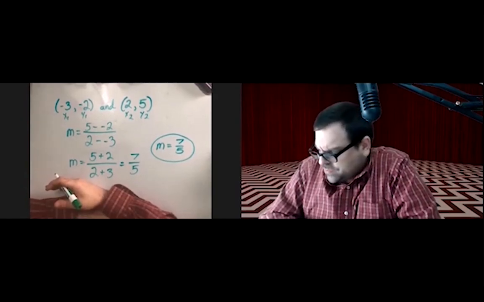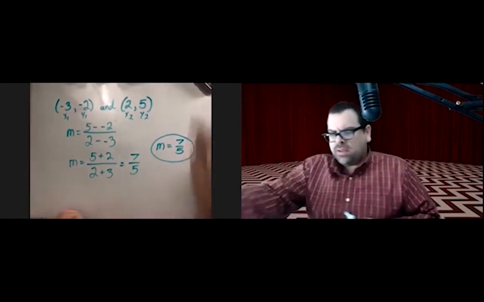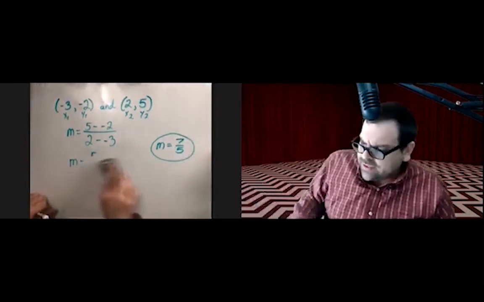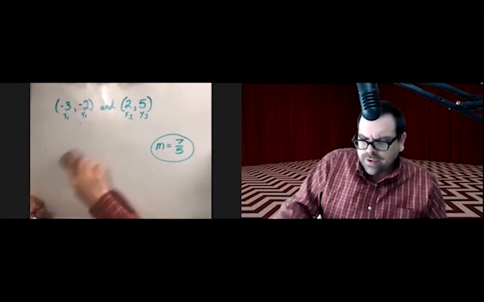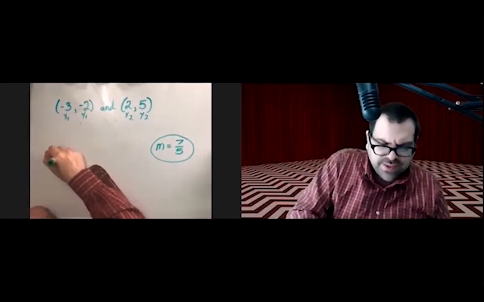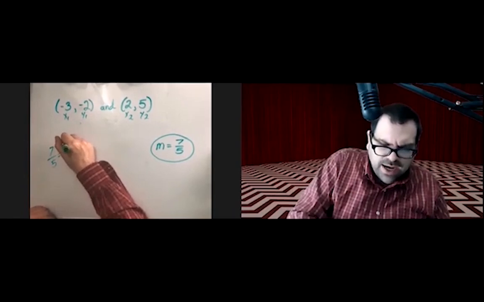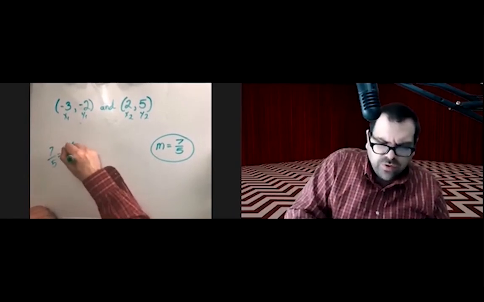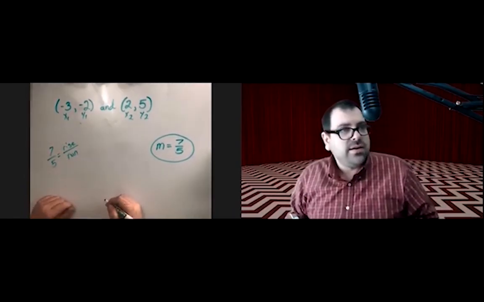Now, what does that actually mean? That means that 7/5 is the rise over the run of this line.